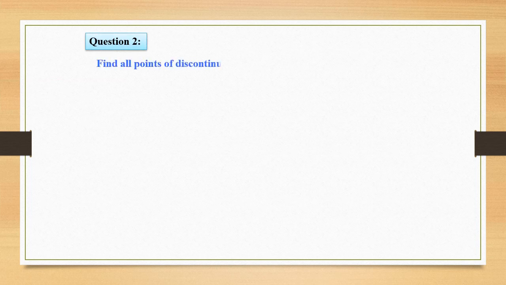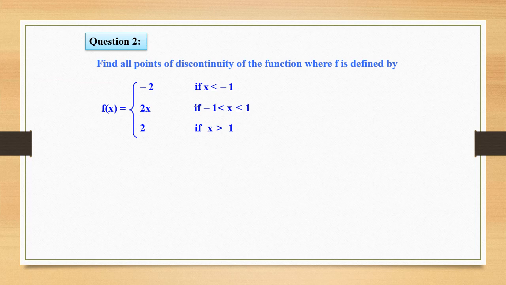Next question. Find all the points of discontinuity of the function f defined by f of x is equal to minus 2 when x is less than or equal to minus 1, it is equal to 2x when x is greater than minus 1 and less than or equal to 1, and f of x is equal to 2 if x is greater than 1.